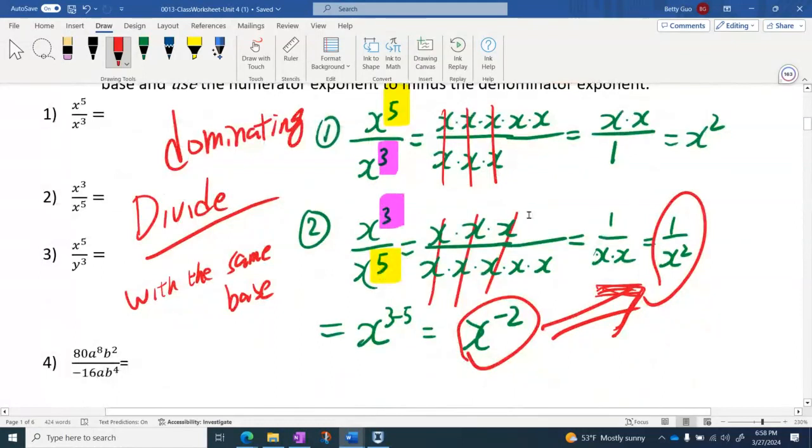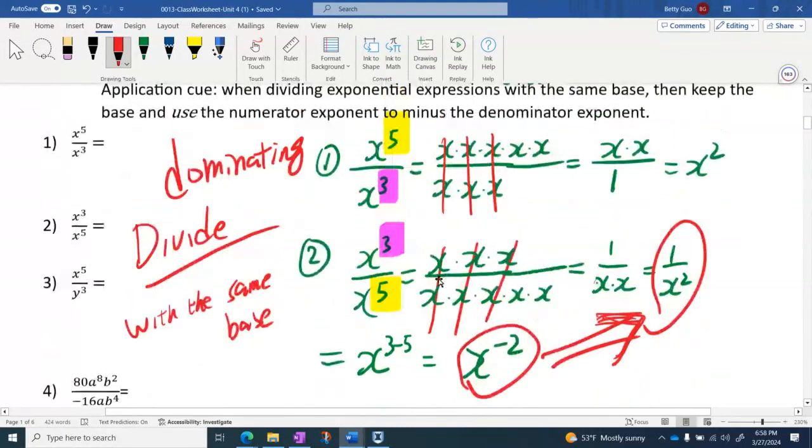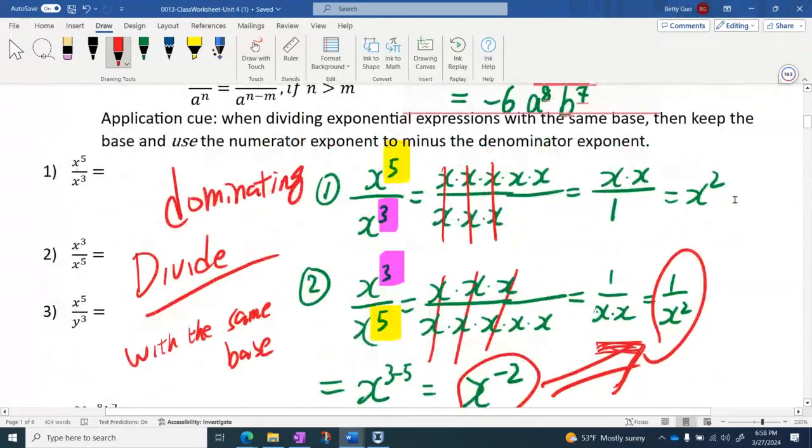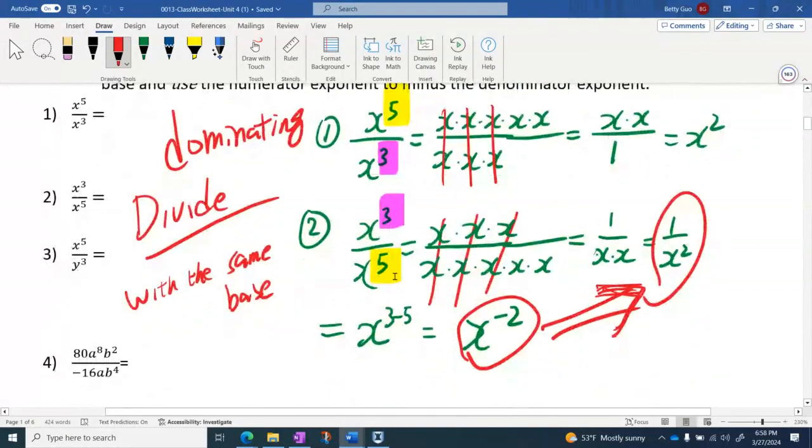And the result is kept either on the top or on the bottom, depending on which part is dominating. If the numerator is dominating, like number 1, we keep x squared on the top over 1. Over 1, we don't really write it out. If the denominator is dominating, we keep the result on the bottom. So 1 over x squared. Is that clear, guys?